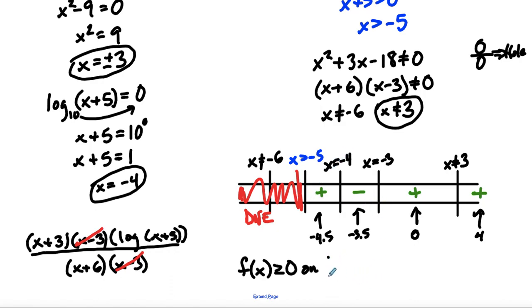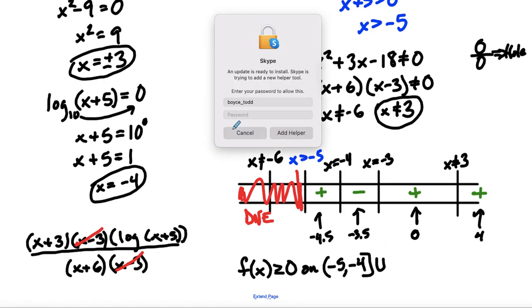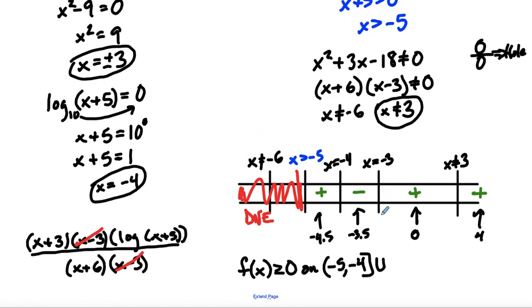So that means we're going to have parentheses at negative 5, negative 4 is going to get a bracket, and then negative 3 here is going to be included. So we have negative 3, and then we have 3, and then we have 3 to infinity. Notice we're not including the 3 because that is a vertical asymptote.